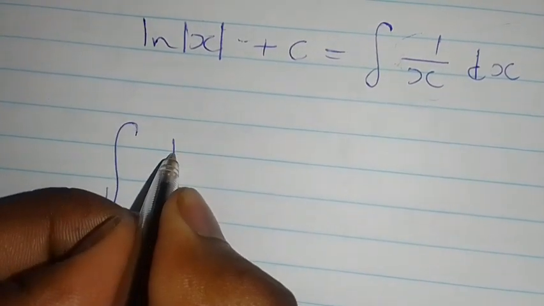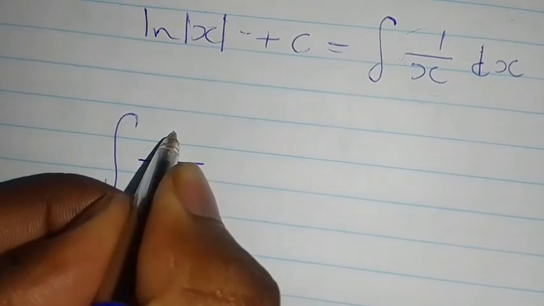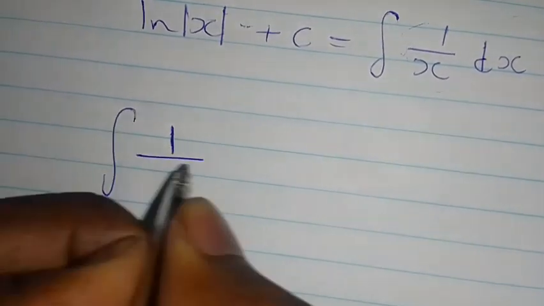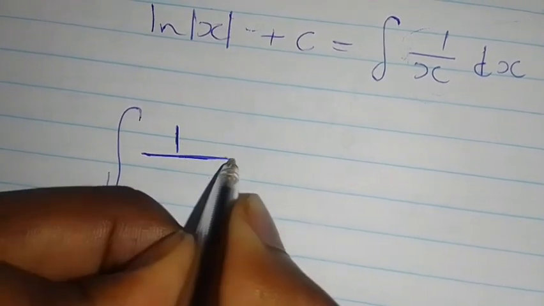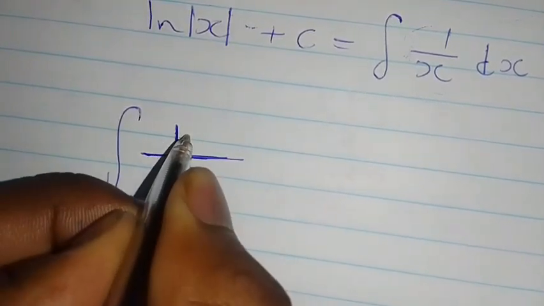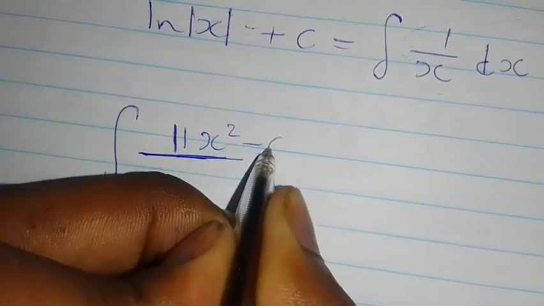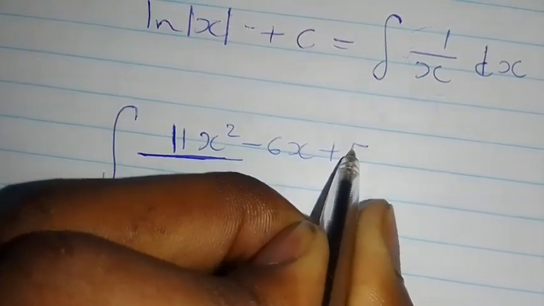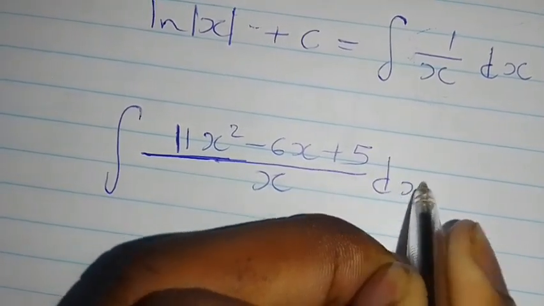Now, suppose I have the integral of 11x squared minus 6x plus 5, divided by x, dx.